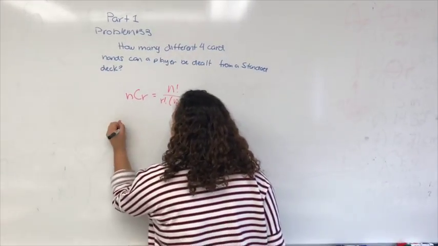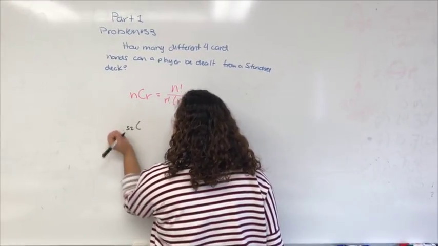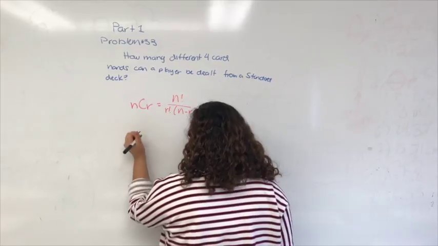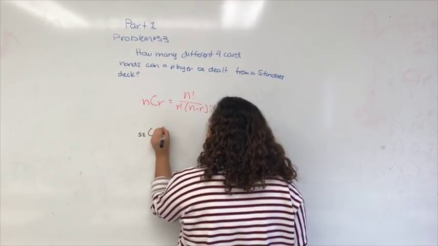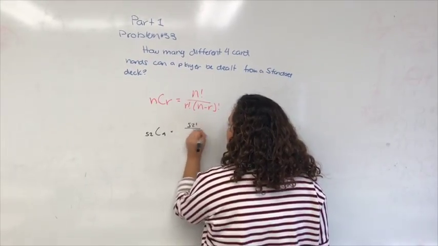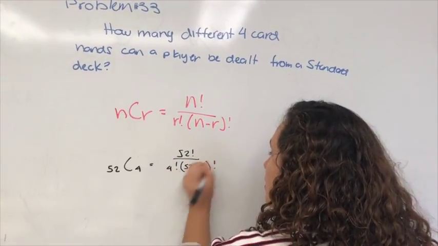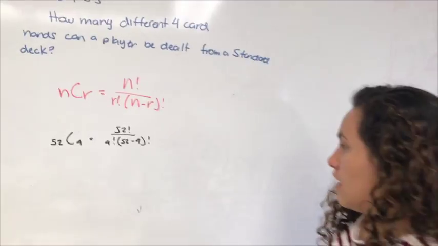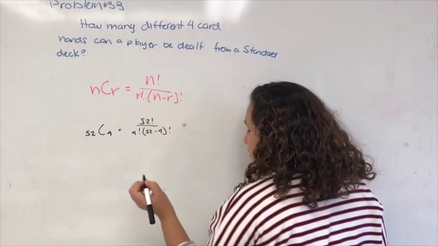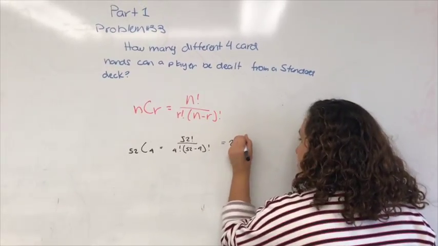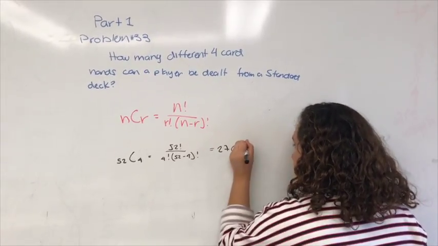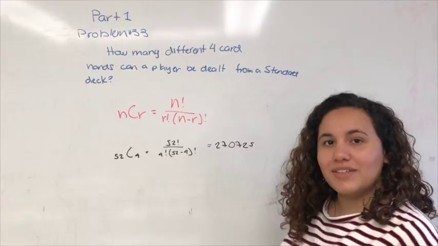So in the end, we replace the 52, C, and then replace 4 because there are 4 card hands, and then we expand it, and we have this. Then after we calculate it, we get the answer of 270725, and that's how you do it.